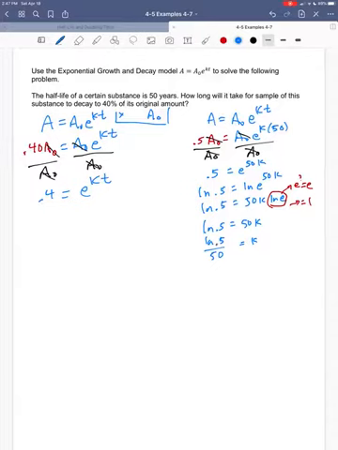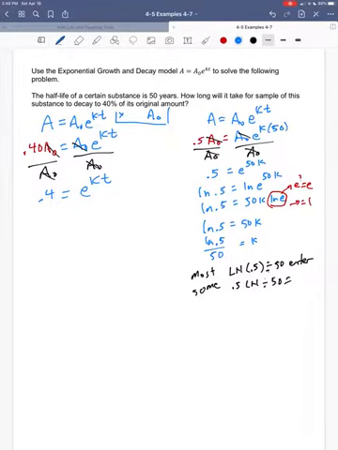So I would get k equals natural log 0.5 divided by 50. On most calculators, you would hit natural log, parentheses, 0.5, close parentheses, divided by 50, enter. On some calculators, we would have to put in the 0.5 first. 0.5 ln divided by 50 equals.